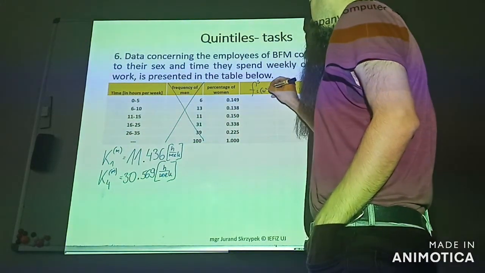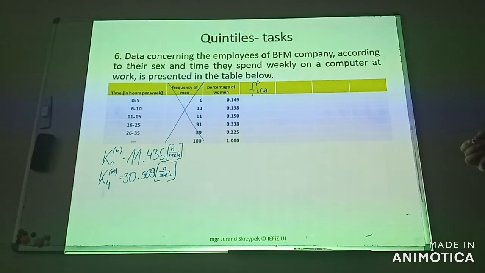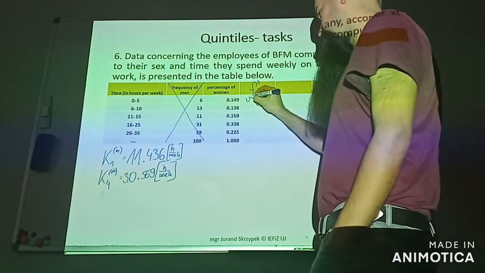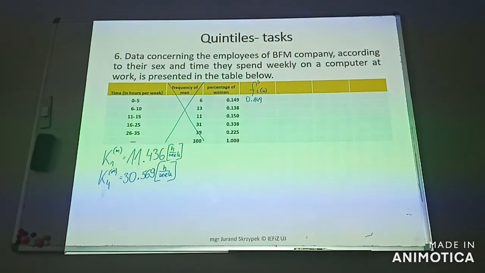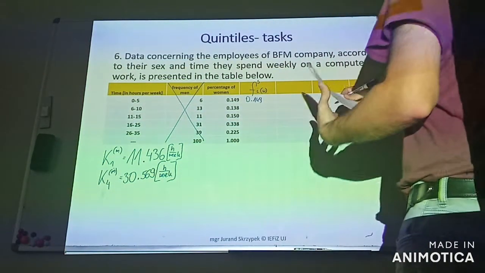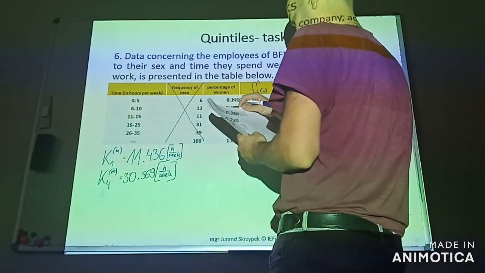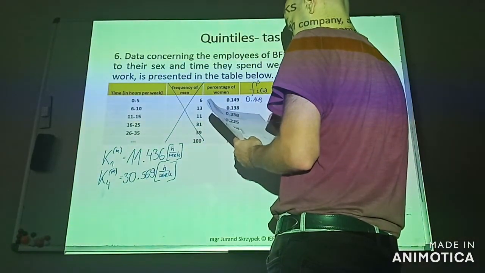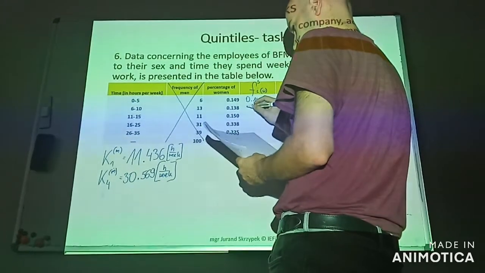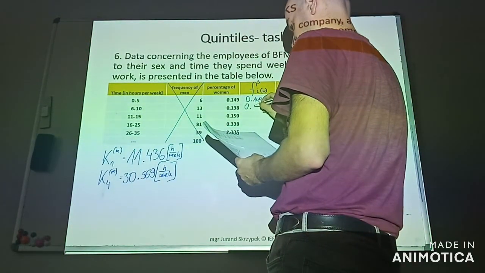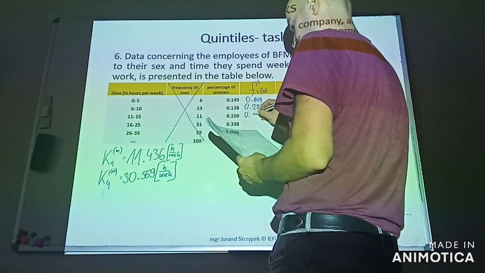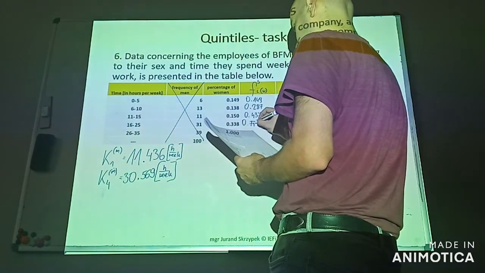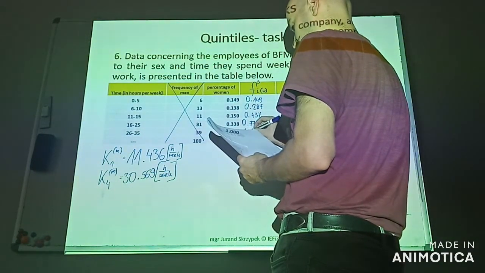Of course, for the group of women, first is 0.149, and now I need a cheat sheet, and the next cumulative frequencies are 0.287, 0.437, 0.775, and of course 1.